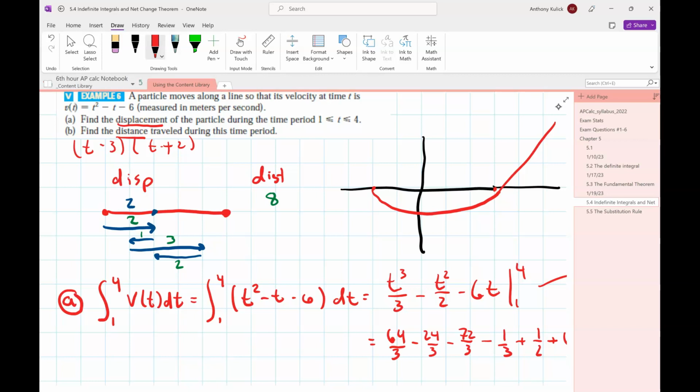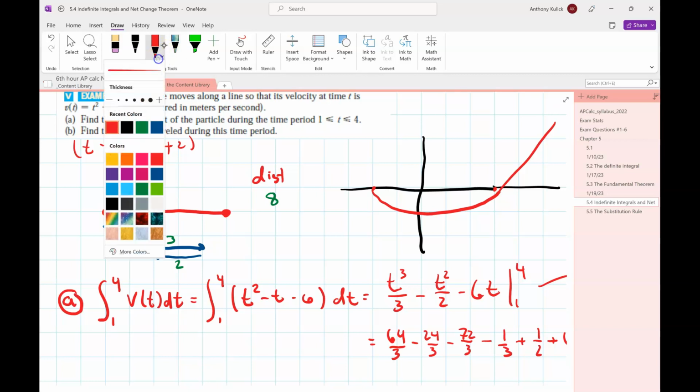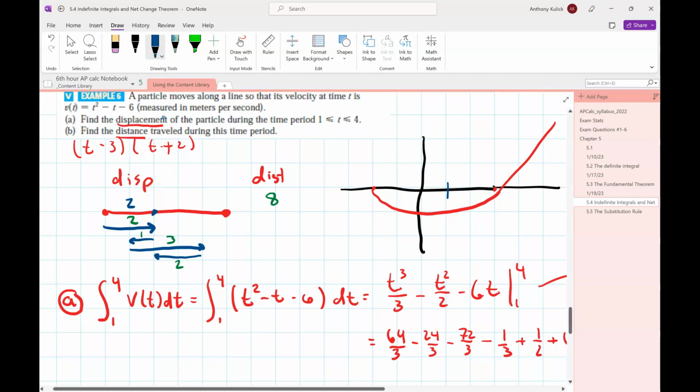If we're looking for the integral from 1 to 4, we're talking about those areas where, remember, this area is negative and this area is positive. If I want the total distance traveled, I need to count that negative area as a positive.